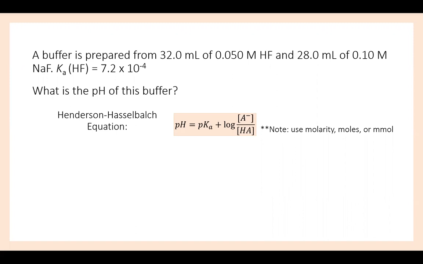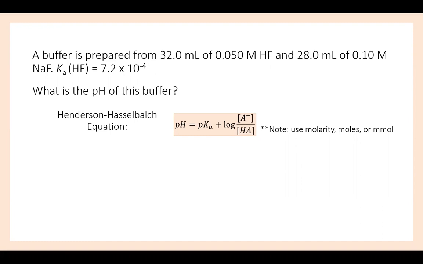It's a special note that we can use either the molar concentrations or moles or even millimoles of A minus and HA, because it's the ratio of conjugate base to weak acid. Moles and millimoles can be used in place of molarity.